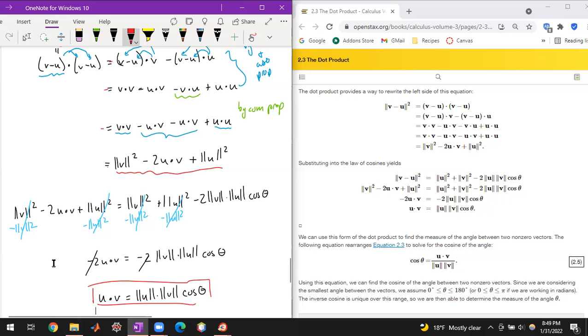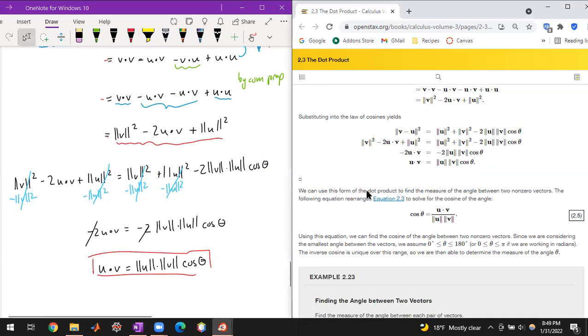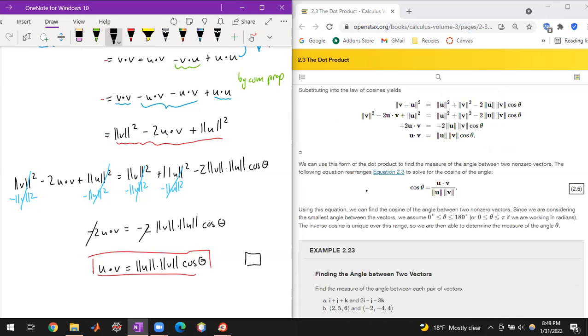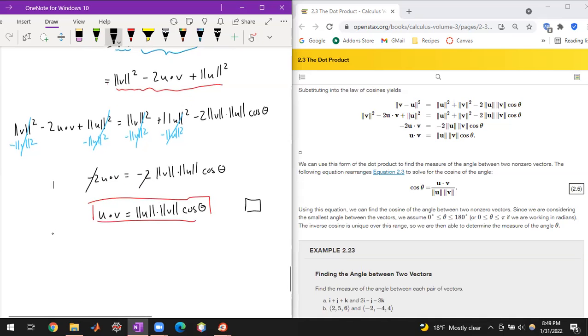All right. So we can use this form of the dot product to find the measure of an angle between two non-zero vectors. So the following equation emerges from this. All right, so here's the rule that we have. Cosine of our angle is equal to, we'll just divide both sides by the magnitudes, u dotted with v divided by the magnitude of u times the magnitude of v.